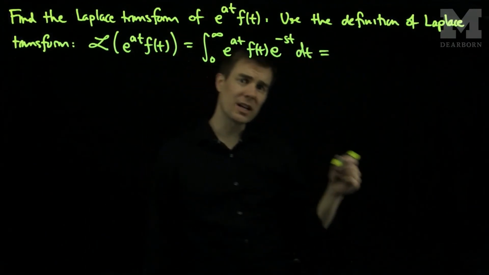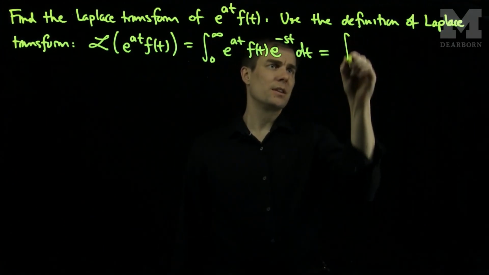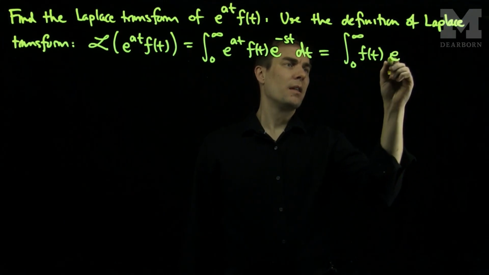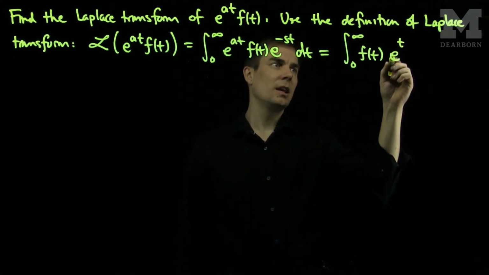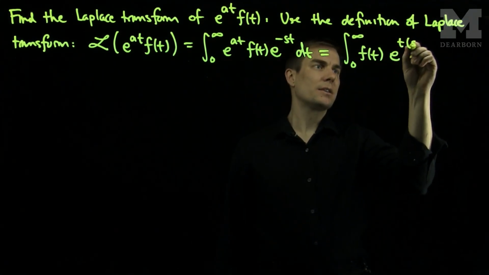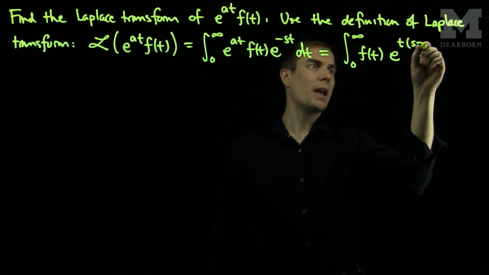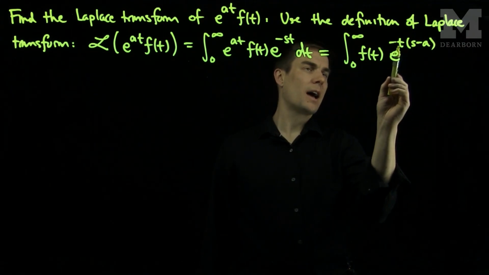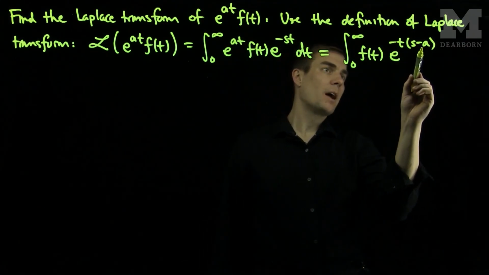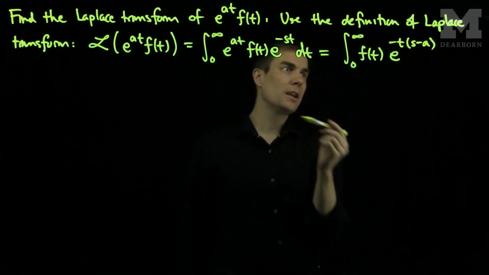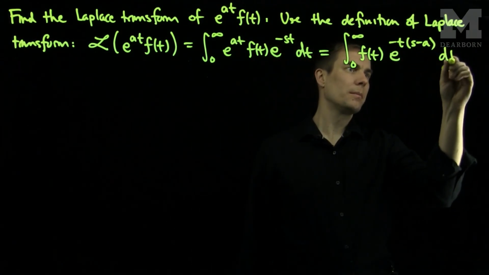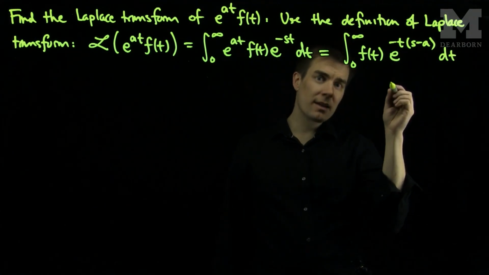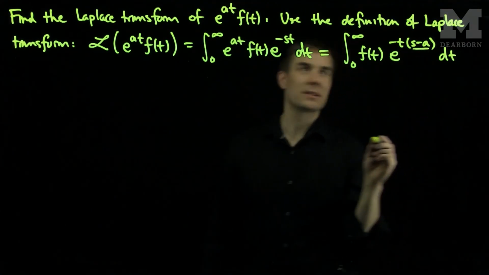Now I will group the exponential terms together and see that this is the integral from 0 to infinity of f of t, then e to the t, and then I will have an s minus a with a negative sign. So I'll have a negative st, and then I will have a positive at, so this will all work out, dt. And we see that this is exactly the definition of the Laplace transform, not at the variable s, but at the variable s minus a.